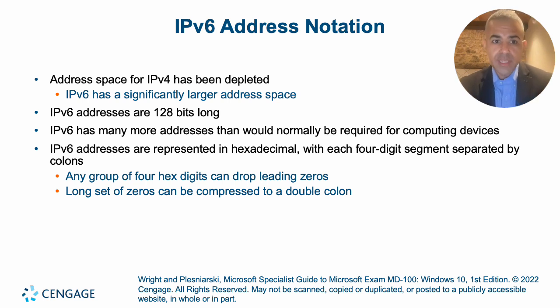IPv6 address notation is drastically different from IPv4, where we have 4 octets, 32 bits long in total. IPv6 addresses are 128 bits long. So you can have a lot more addresses, and the reason is not just because you can add additional numbers, but because each one of those groups uses hex.